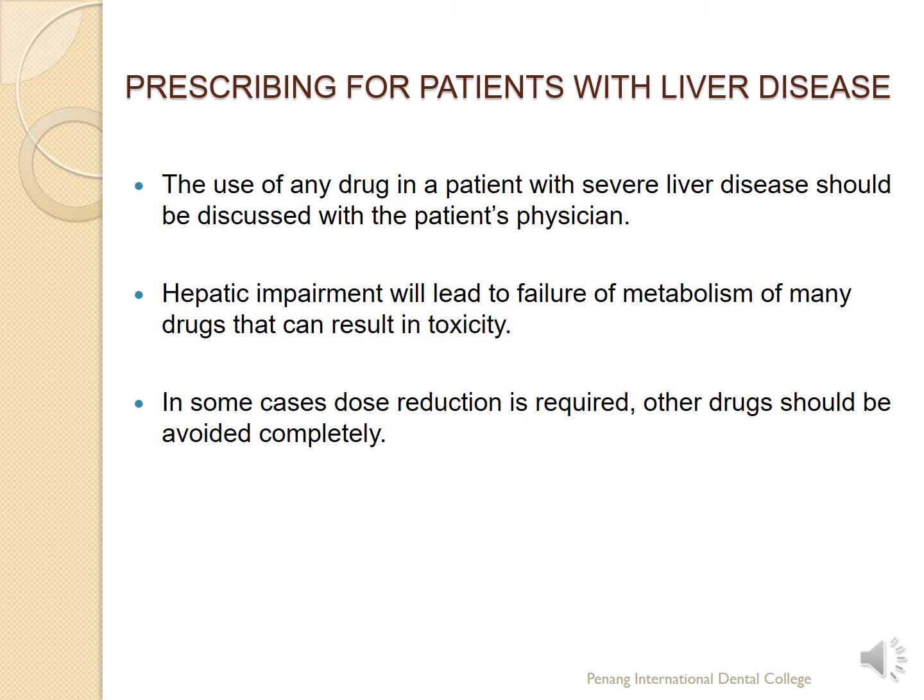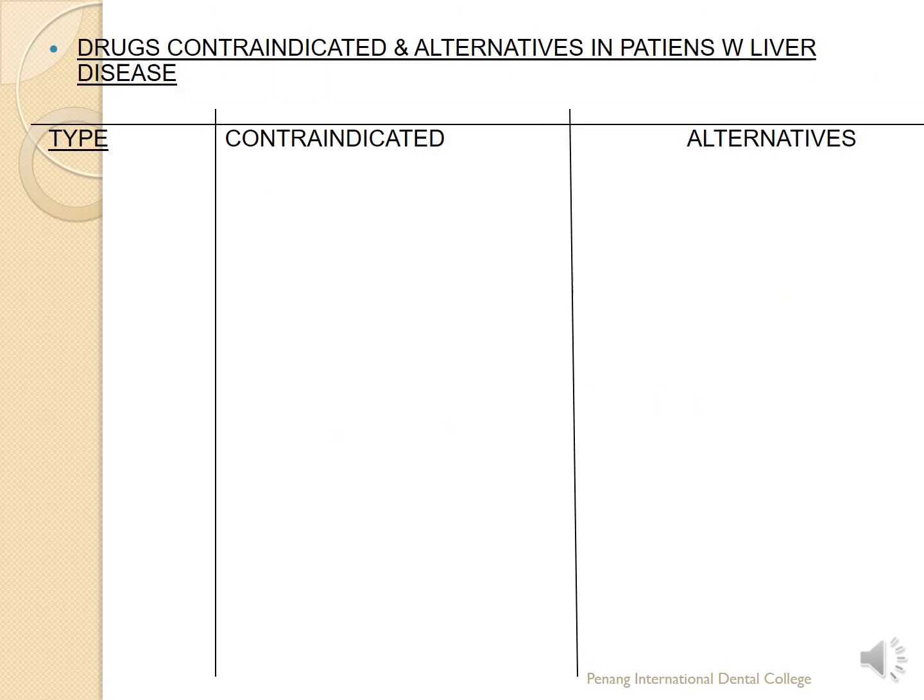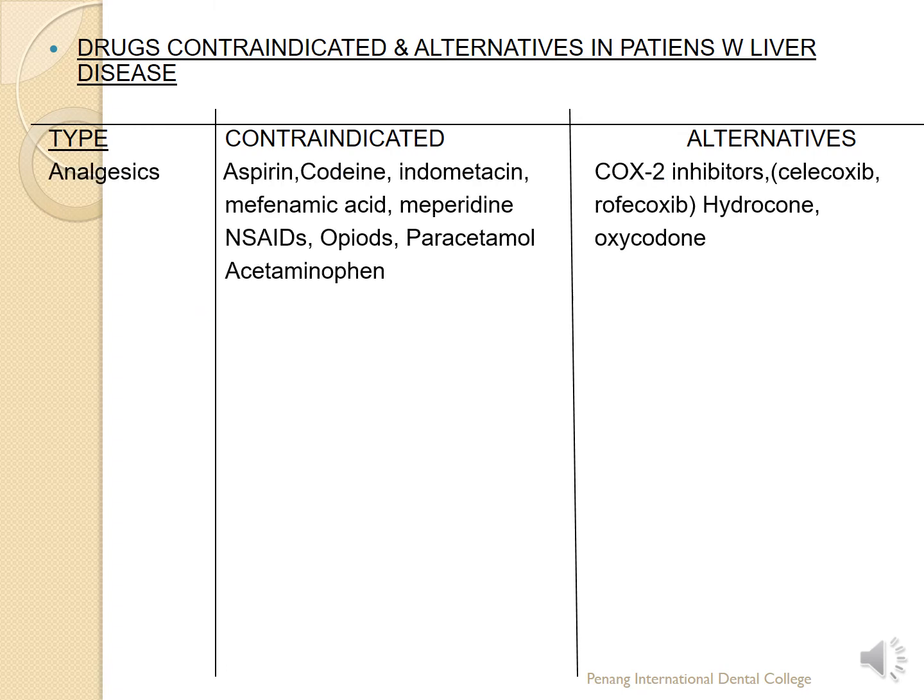So this I have told you in the beginning session. What are the drugs to be contraindicated, and what are the alternatives? We will see. Under the analgesics, make a note of it: NSAIDs are contraindicated. All our routine prescriptions, ibuprofen or diclofenac, should be avoided, and the alternatives are COX-2 inhibitors. But paracetamol is the one which we prescribe to the patient.